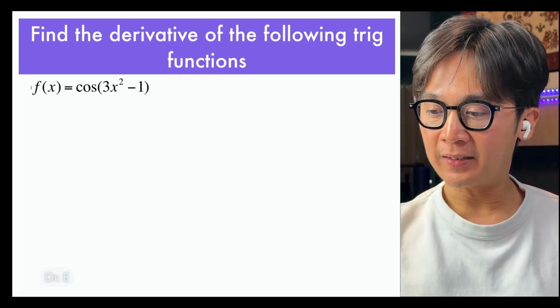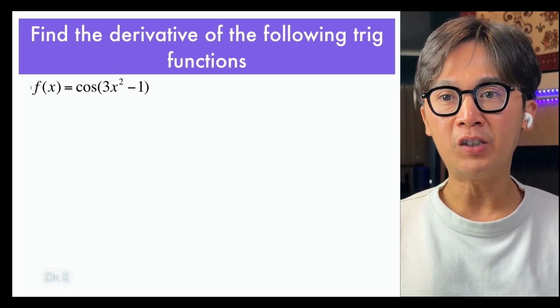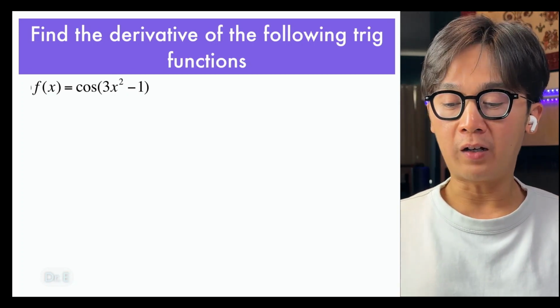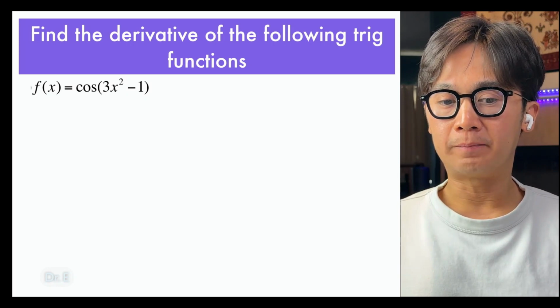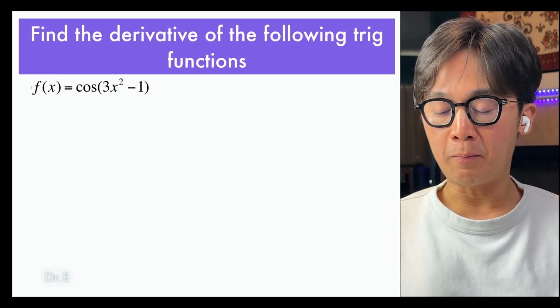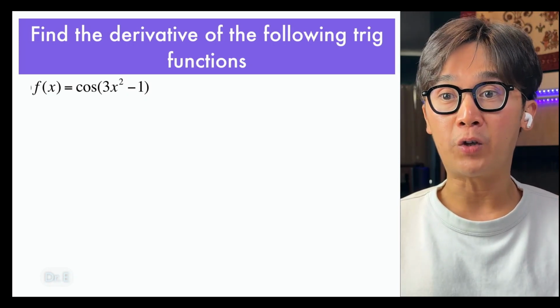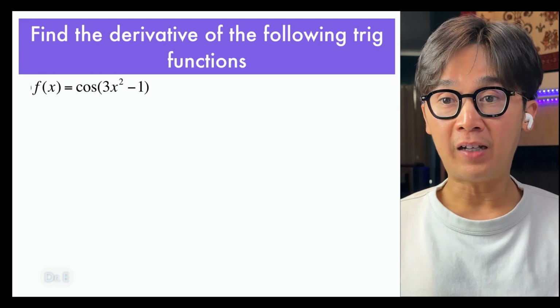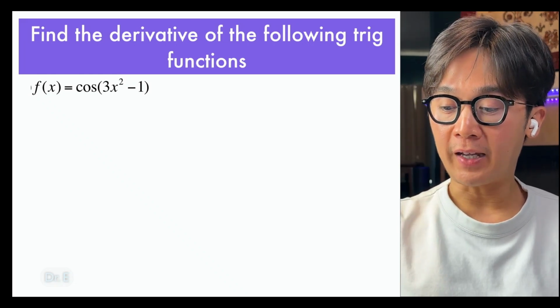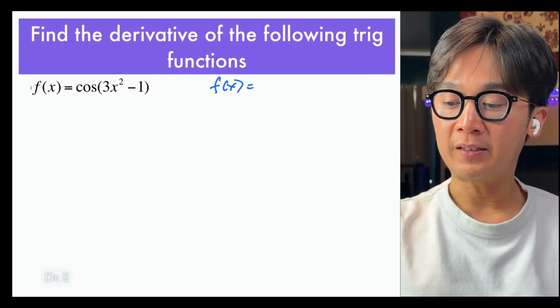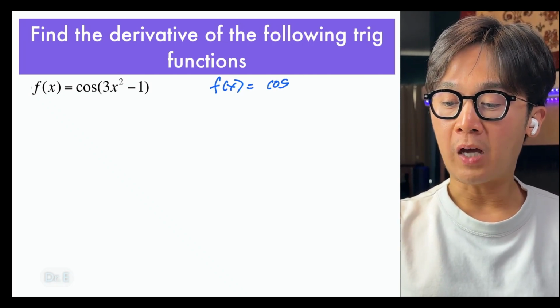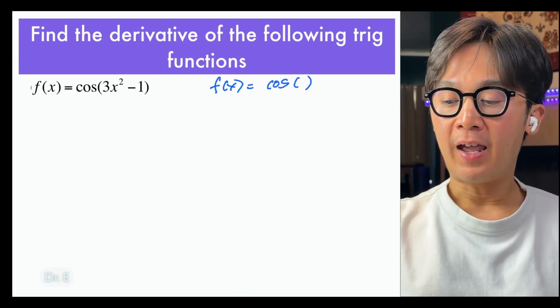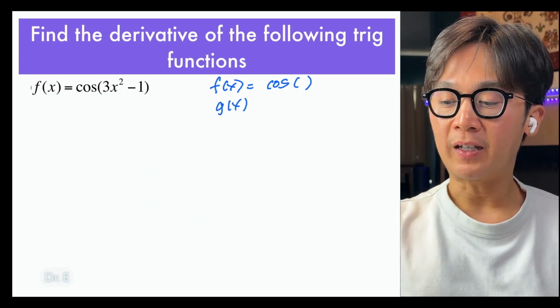Just like what we did in the first part of our chain rule, composite function, we need to identify your f of x and your g of x. In this case, your f of x is cosine, and your g of x is 3x squared minus 1.